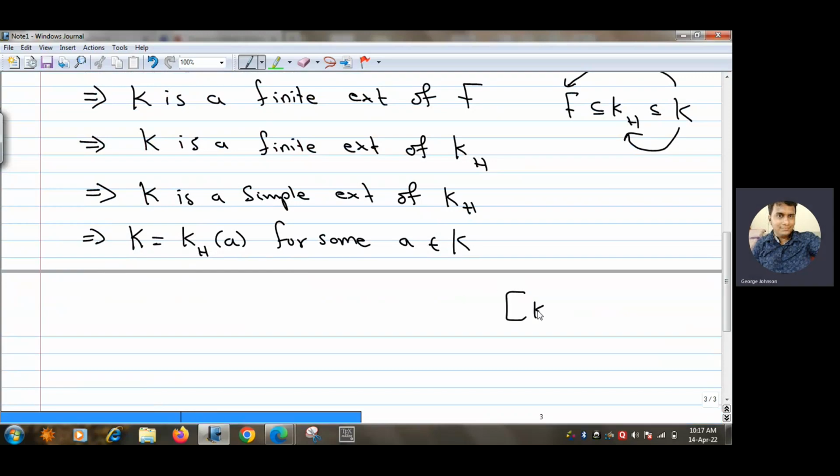So we already know that the dimension of K over KH is finite, right? So now let us substitute the value of K, that is KH(A). The dimension of KH(A) over KH is finite.